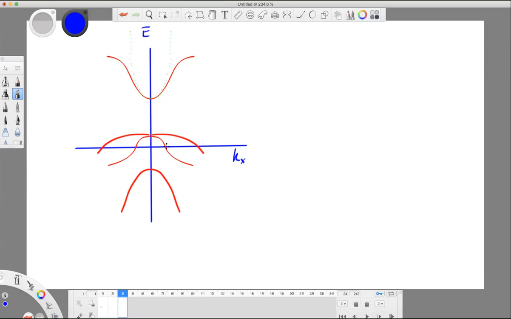This is what happens, for example, for the emblematic case of gallium arsenide, which is maybe the most popular semiconductor to make devices. This will be named in general the gamma point. They each have names. This is called gamma 7. This is called gamma 8.